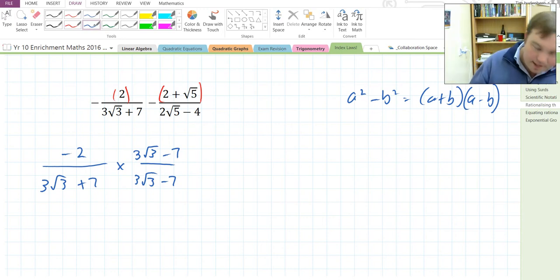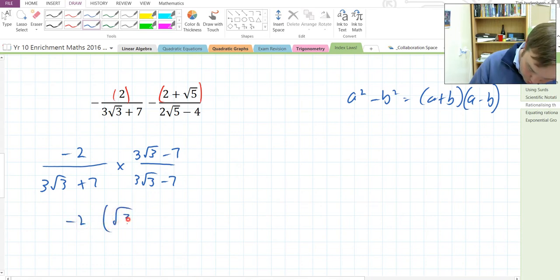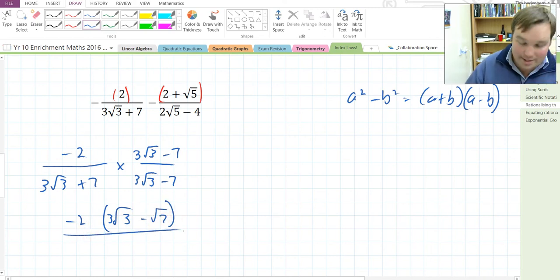So, just dealing with the left-hand portion first, that will be written as minus 2 lots of root 3, 3 root 3 take 7, over, now, difference of perfect squares, I'll do this once over here, and then we'll do it more quickly from then on.